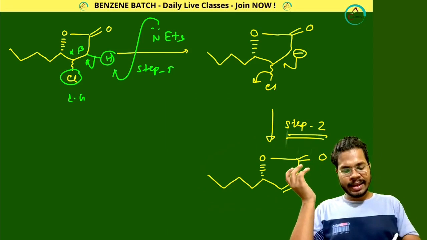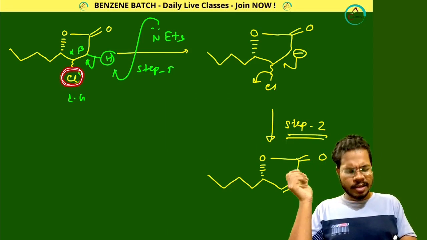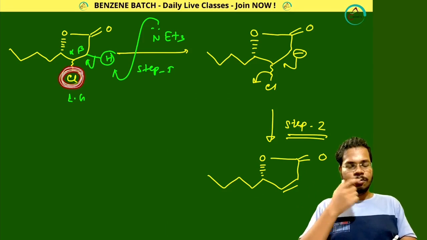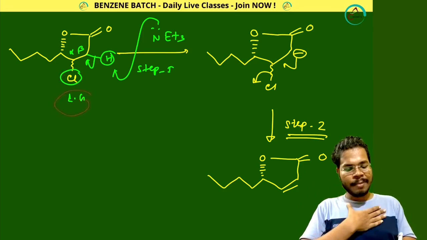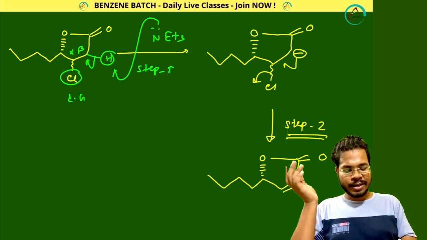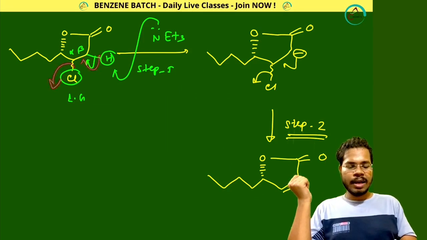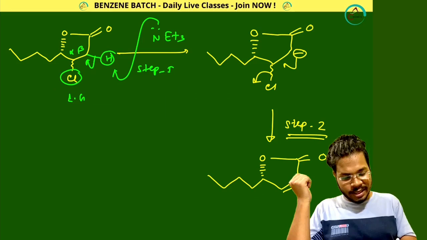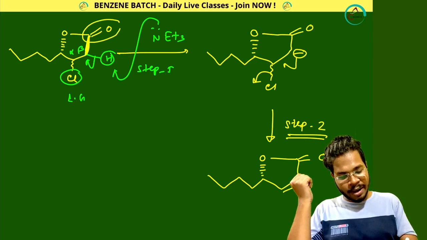But here you can think that Cl is more or less a good leaving group. But why is it behaving like an E1cB reaction? It could react like an E2 reaction. This is because this hydrogen is very acidic, because again you have the same thing, alpha and beta, and with the beta carbon you have an electron withdrawing group attached to the system.